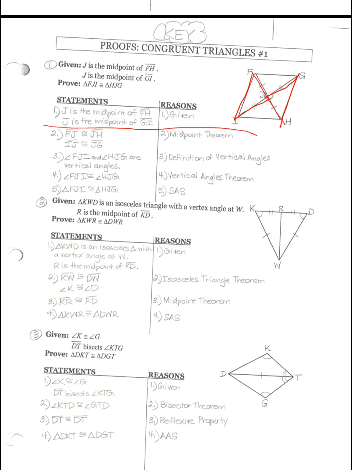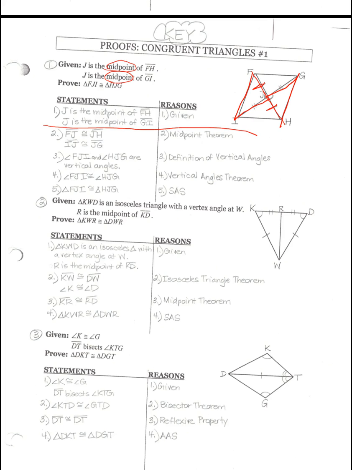Okay, just like last unit, your first statement is always to restate the given. So we have J is the midpoint of FH and J is the midpoint of GI, given. Now remember what I told you last unit, take whatever word is given to you in the given, in this case, midpoint, and explain what that word means mathematically. So we know that if J is the midpoint of FH, then that means that segment FJ is congruent to segment JH.